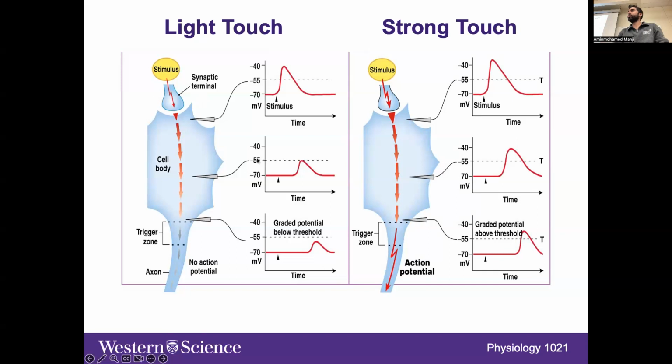It's down below that threshold value, right? We have to have that value of minus 55 millivolts by the axon hillock. The reality is, if something is so light that's touching my arm, it's not allowing enough ion channels to open, meaning there's not going to be that activation of threshold. Are we going to fire an action potential in this situation? No, right? That is how our body differentiates between the important versus the less important stimuli, right?